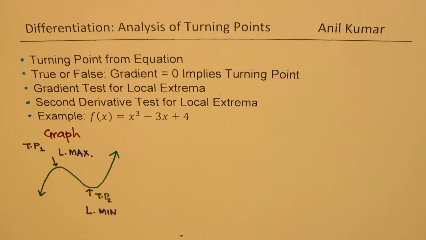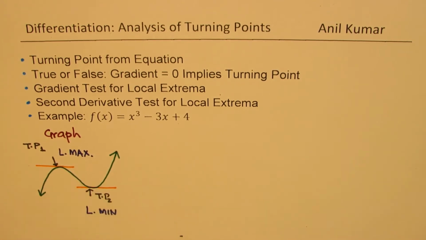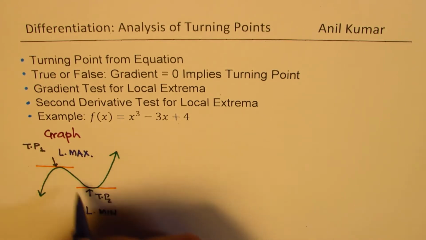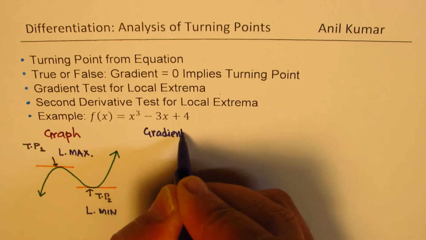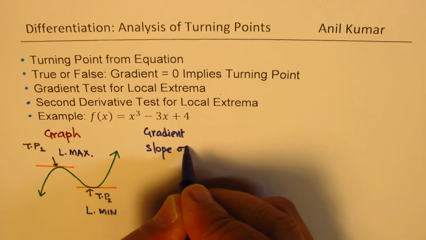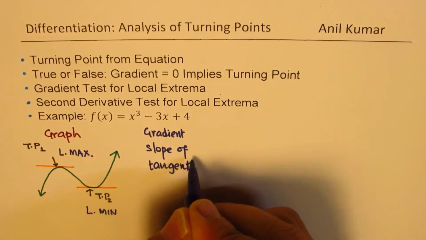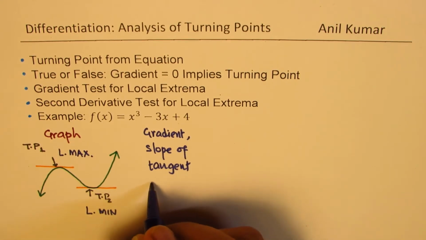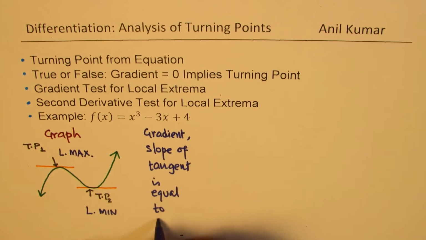What you also observe here is that if I draw a tangent at this point, it will be horizontal, correct? So at both the points, what we conclude here is that the gradient, that is the slope of the tangent, is equal to 0.